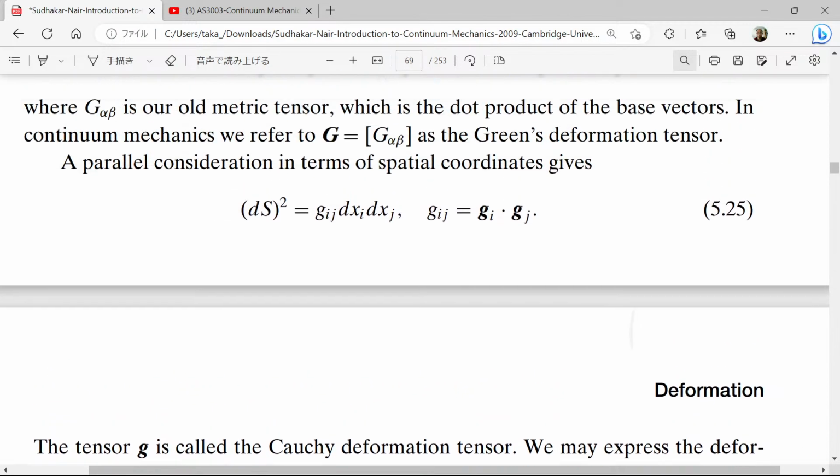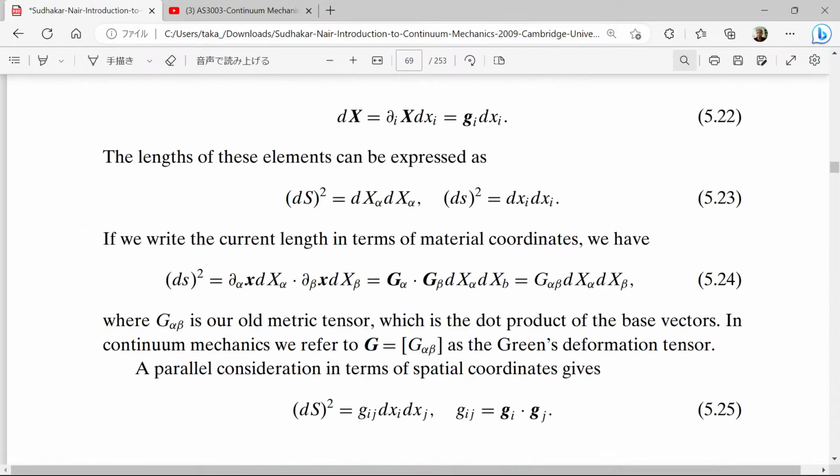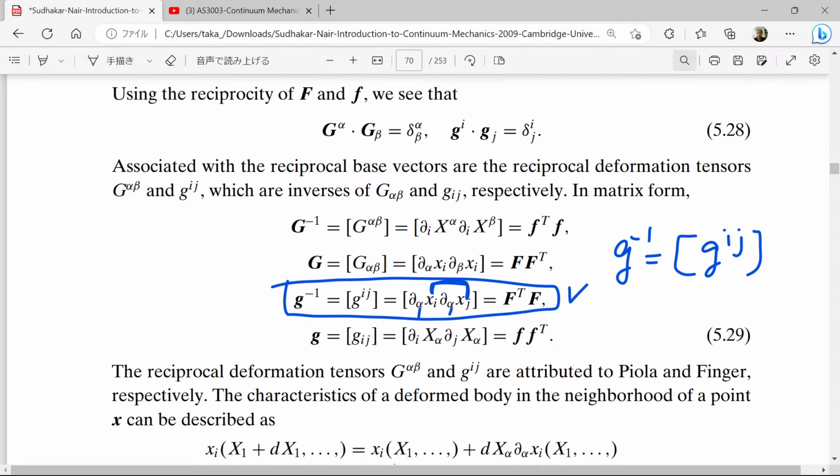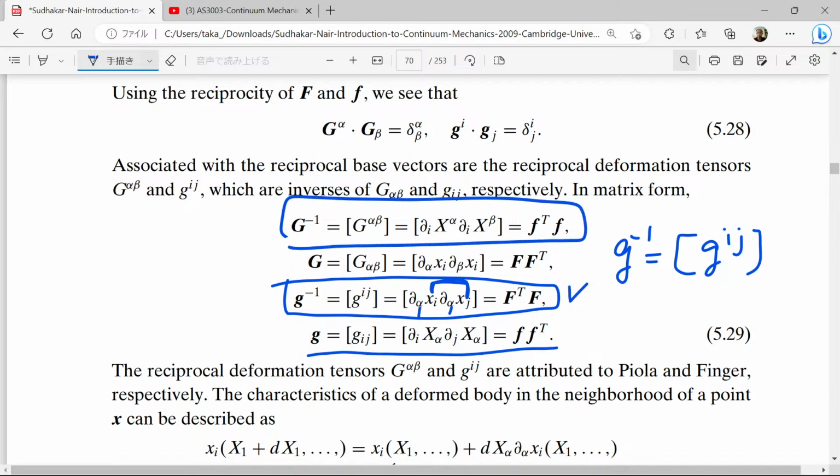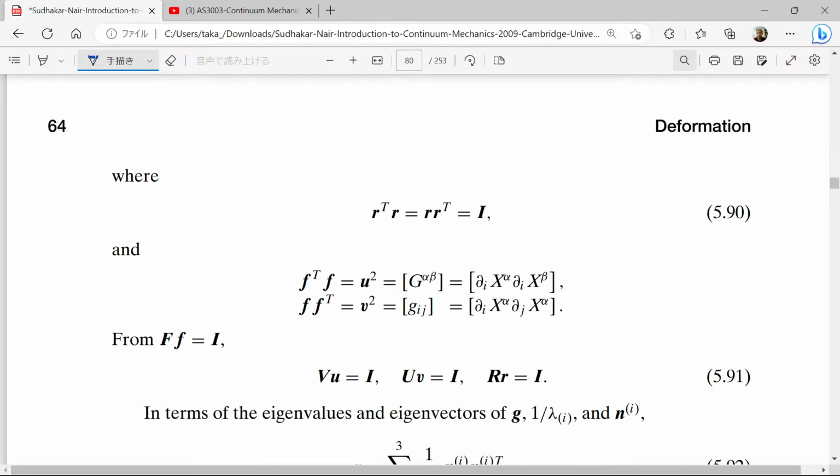We had a name for this: small g and large G. This is large G inverse, and this is small g.